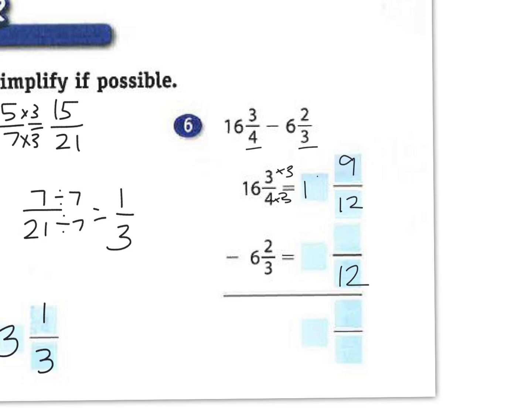So then we have 16 and 9 twelfths. And then 3 times 4 is 12, so 2 times 4 is 8. So 6 and 8 twelfths. Then we can subtract. 9 minus 8 is 1, so we have 1 twelfth, and then 16 minus 6 is 10. So our final answer is 10 and 1/12.